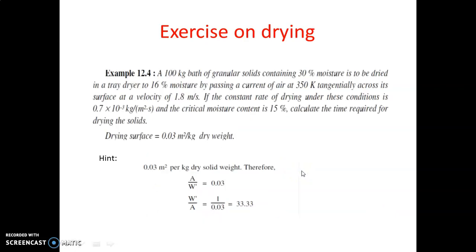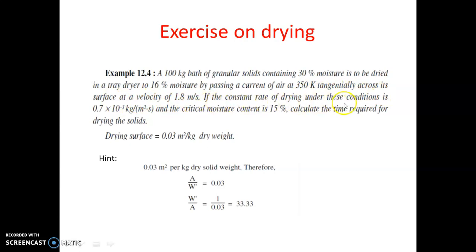Then here I am giving one example to solve. So this is the example. A 100 kg batch of granular solid containing 30% moisture is to be dried in a tray dryer to 6% moisture by passing a current of air at 350 Kelvin tangentially across its surface at velocity 1.8 meter per second.